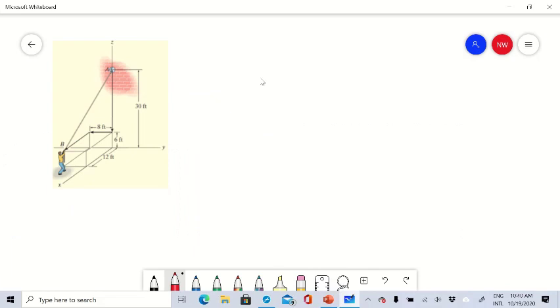For the coordinates of A, we can see that A is on the Z axis, which means the X coordinate is 0, the Y coordinate is 0, and the Z coordinate is 30, since this is the origin.